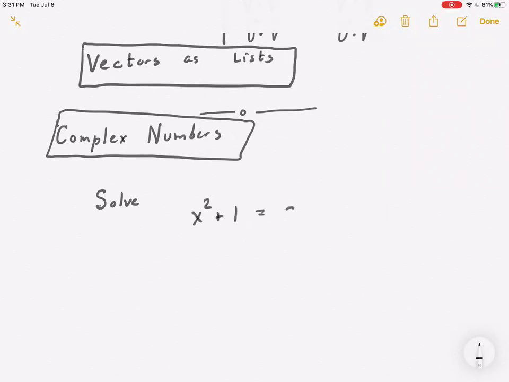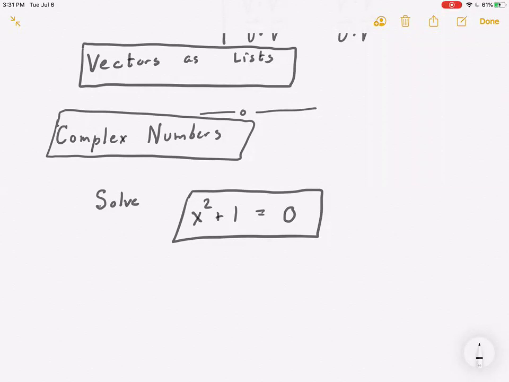Well, you could have discovered complex numbers, or the problem that complex numbers solve, in elementary school, junior high school, or first year high school in an algebra course.